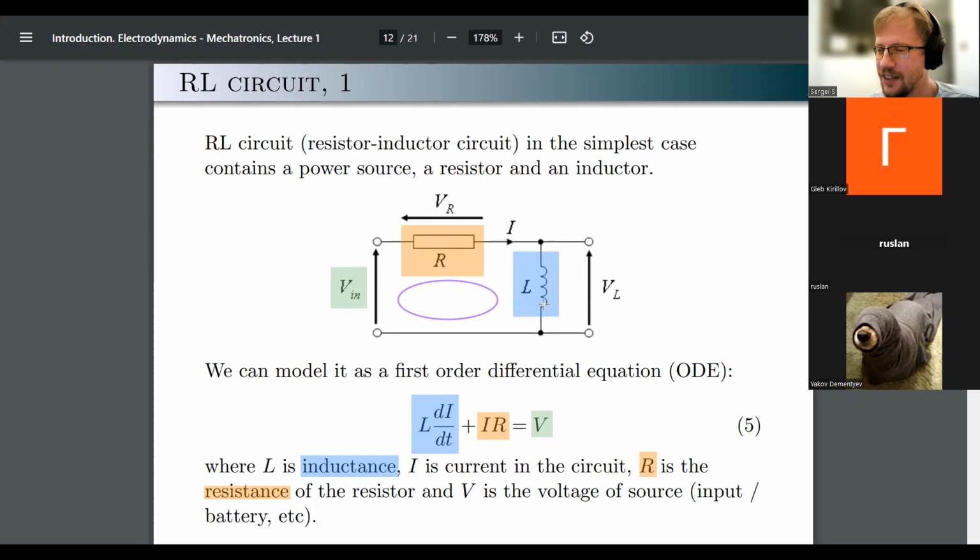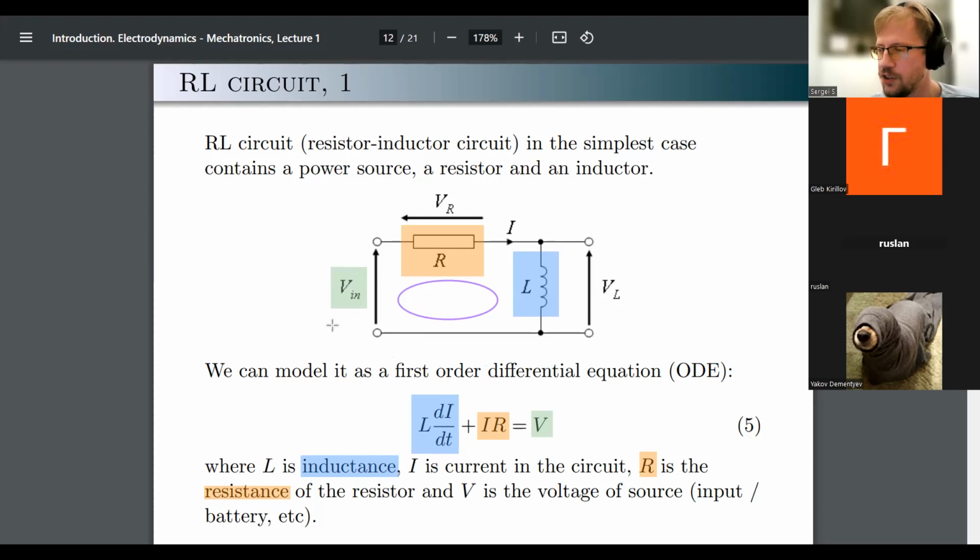We say that here is a closed-loop circuit, and the sum of voltages on this loop should be equal to 0. So the difference in electrical potential across this inductor, plus the voltage across this resistor, plus the voltage of this battery would have to be equal to 0.